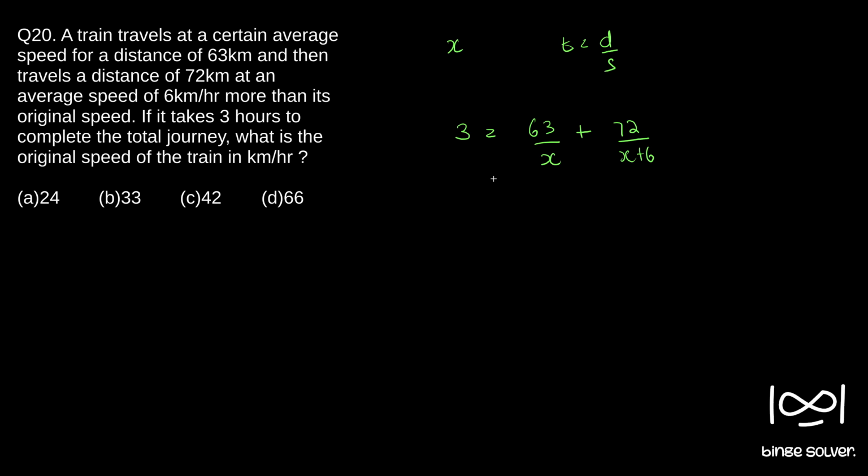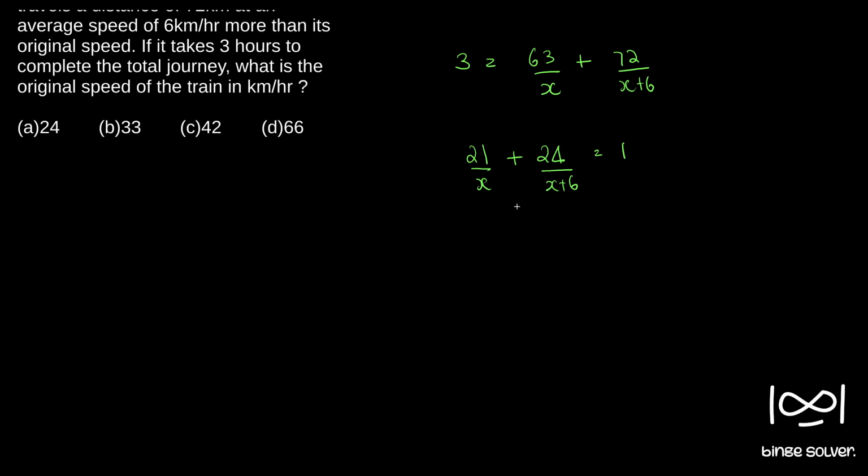So we can say 63 by 3 is 21 by x, plus 3 into 2, 6, 12 is 4, so 24 by x plus 6 is equal to 3 by 3 which is 1. So it becomes a simpler equation.